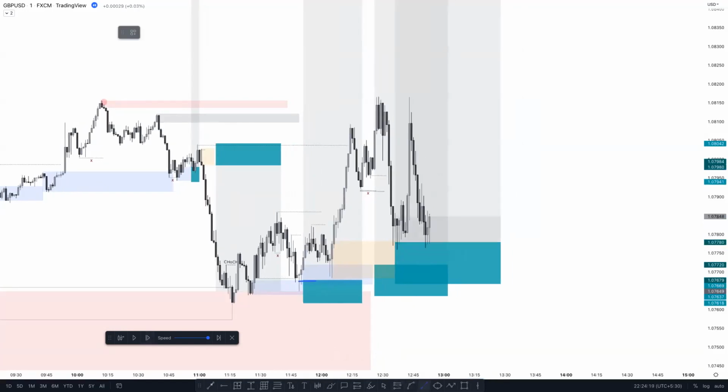I think on the upside, these look like equal highs. Exactly. These are equal highs, which is an indication that liquidity is sitting above it. So possibly, and this one also looks like equal lows.